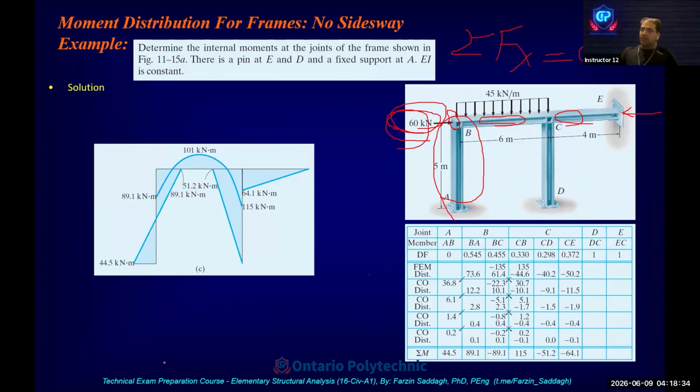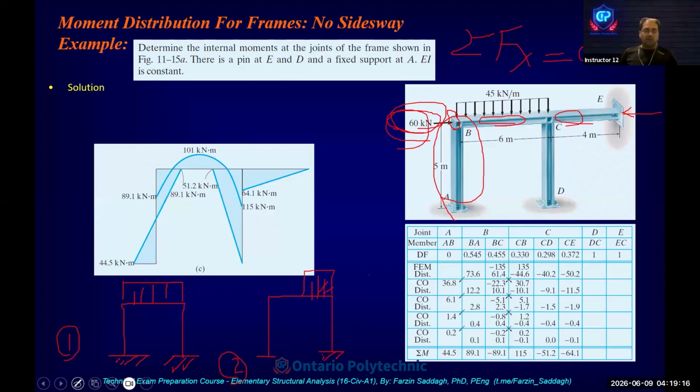For example, if you have a frame like this and you apply a uniform load here, and you have another, exactly the same frame with the distributed load applied like this, in which case, case 1 or case 2, is the method of moment distribution, based on our assumptions so far, applicable?